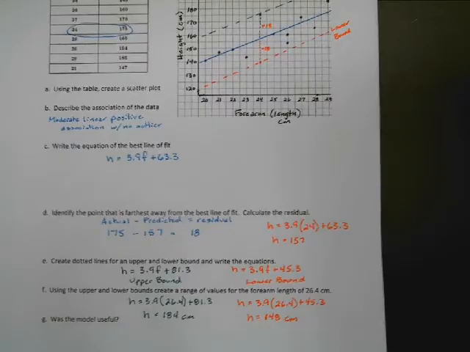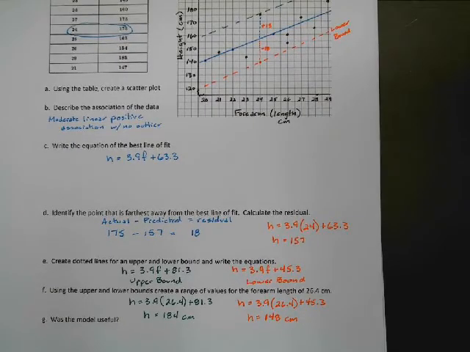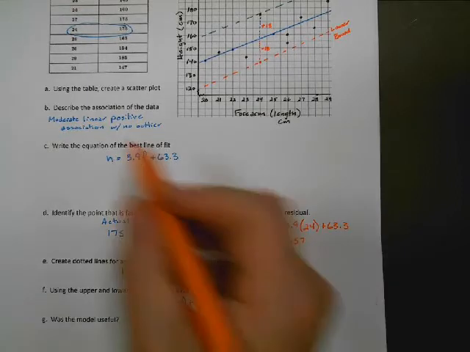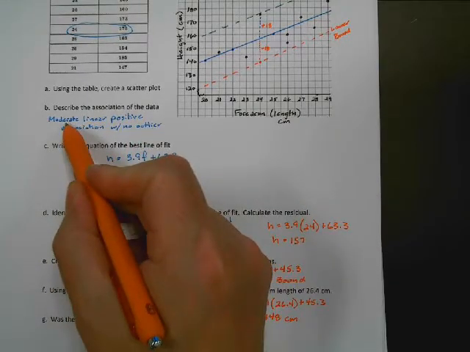That's a pretty darn big, wide range. So was our model useful? Probably not, because this guy could have been really tall or really short. We have no idea. There was not a good enough association between our points to tell us, and really it's because of this word moderate.